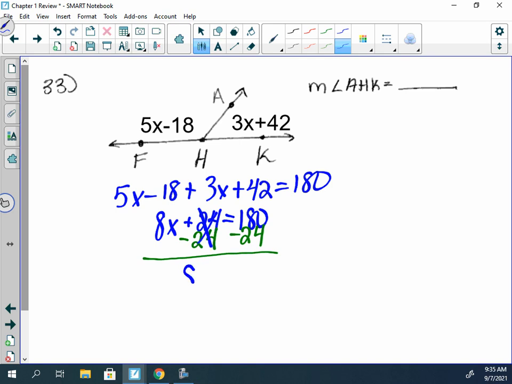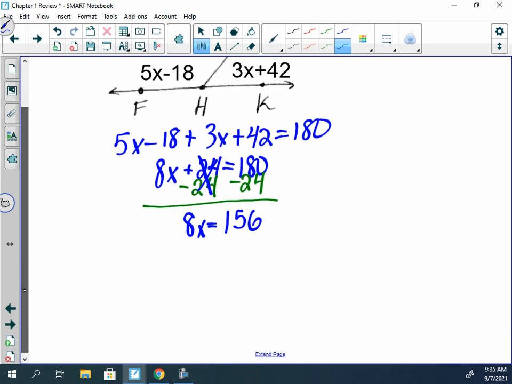These would cancel, telling us 8x is equal to 156. And then we would divide, and x is equal to 19.5.